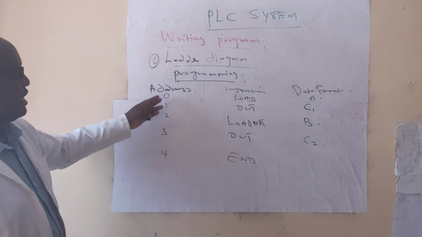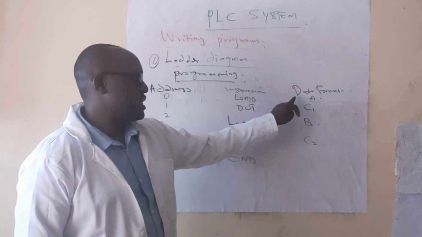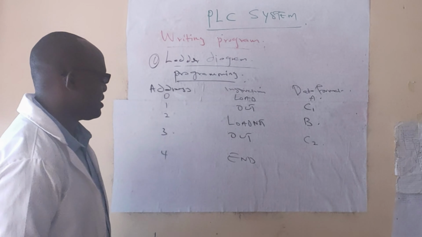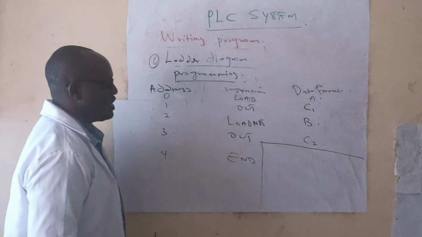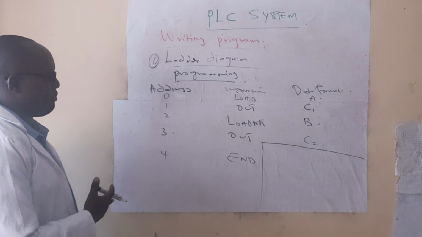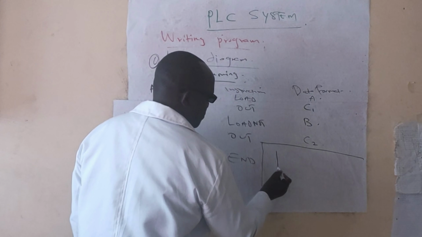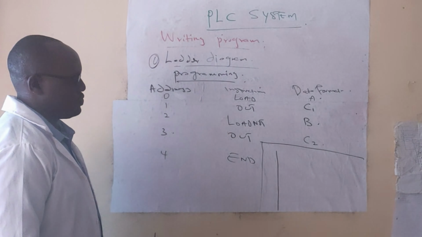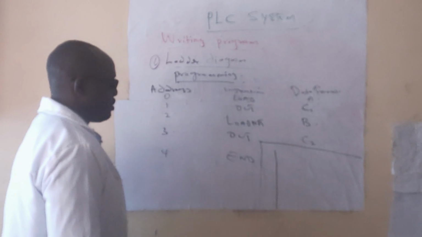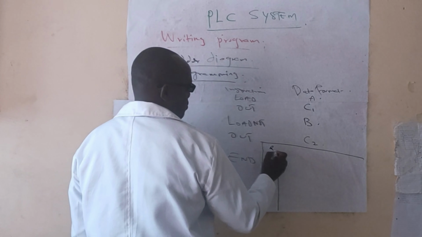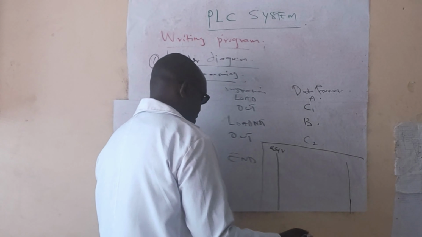So this is programming. In programming, it must have an address, it must have an instruction, and it must have a data format. For example, if we are told to draw a ladder diagram of this, then as usual you draw two parallel lines, and then you can set the voltage, if you are not given, to be 24 volts, and call the other 0 volts.